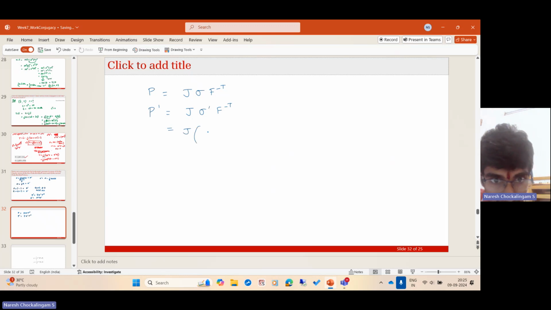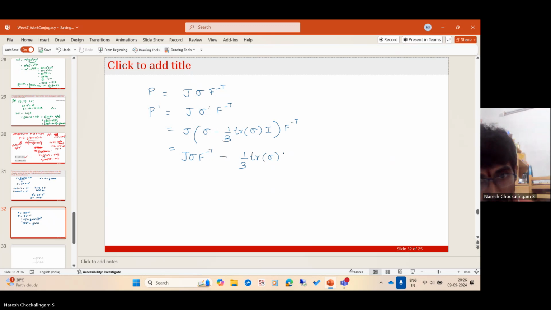It is sigma minus 1/3 trace of sigma I. So this is J sigma F inverse transpose minus 1/3 trace of sigma J F inverse transpose.